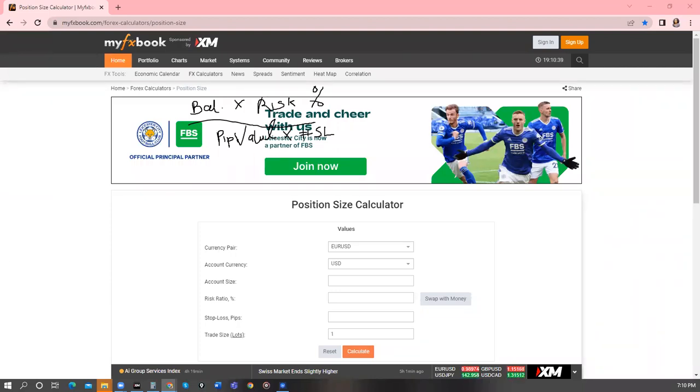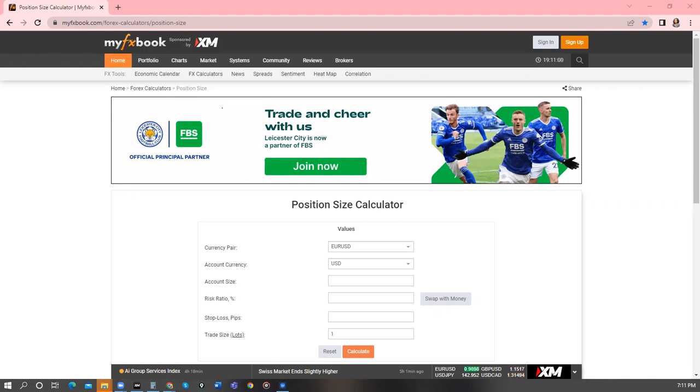Let's erase what I have on the board. So you can go to myfxbook.com/forex-calculator/position-size, or you go to Google and just type position size calculator and it's going to show it for you.